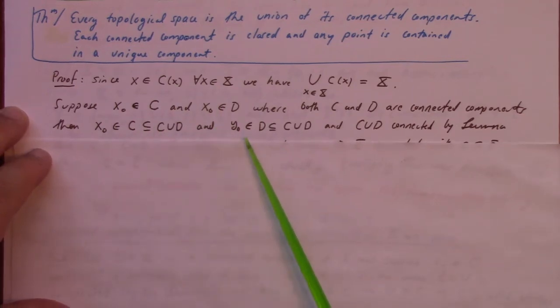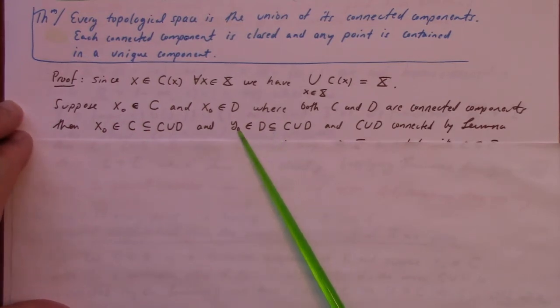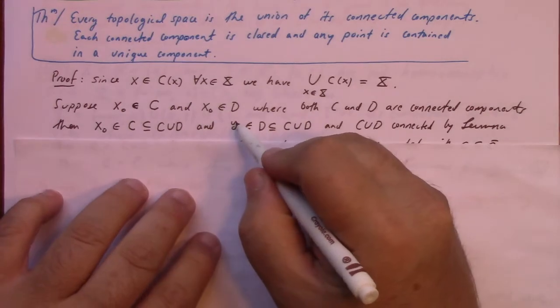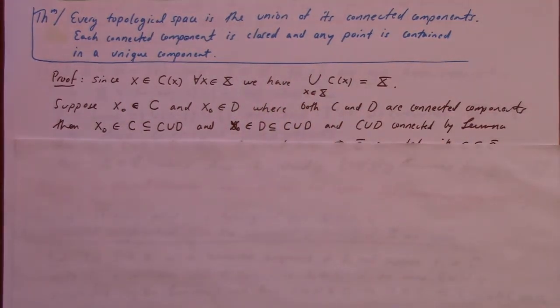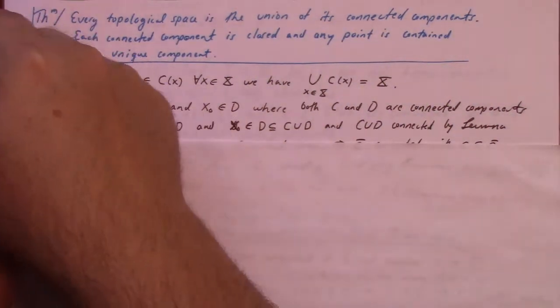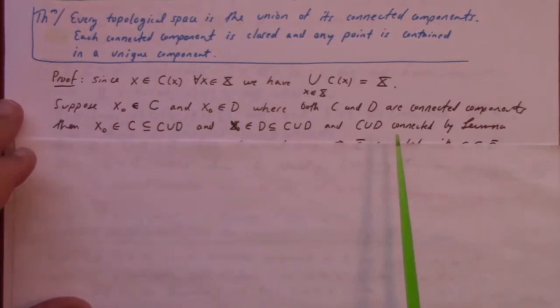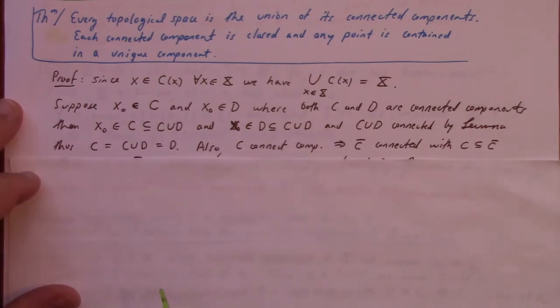And, sorry about that, guys, x naught is an element of D as well, right? And D is a subset of the union. And also, C union D is connected by the lemma.